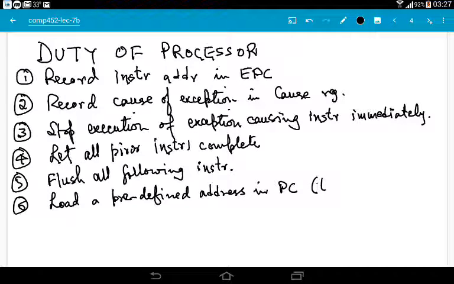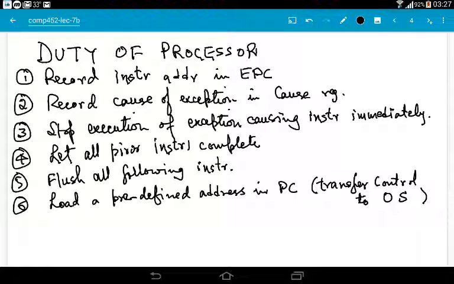Or in other words, transfer control to the operating system. Okay, these are the duties of the processor.